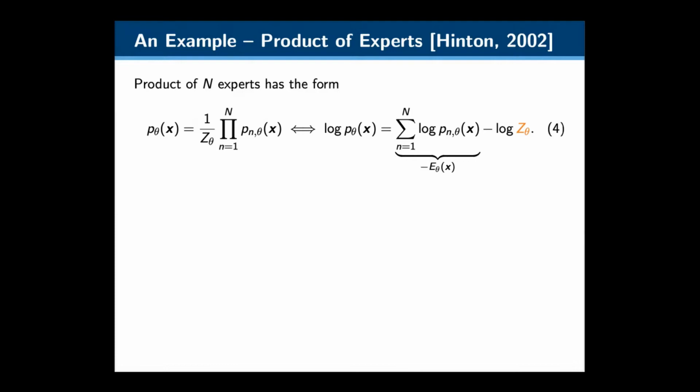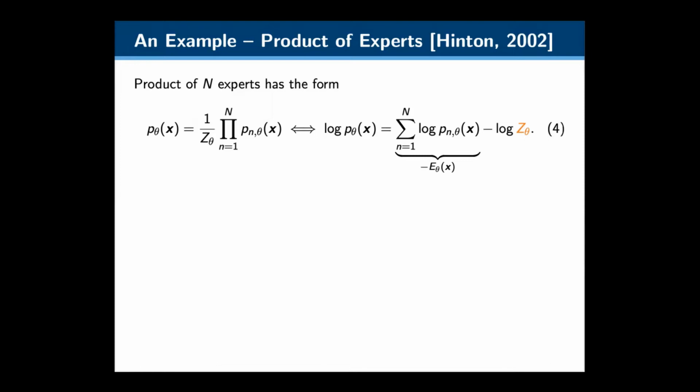What this model says is essentially a form of AND function. Each of the experts gives an opinion on a particular data point, like how likely do you think this data point is? And then you aggregate the experts, product them together, and by producting them, you're essentially doing an AND operation. Then you normalize up front with the z theta.